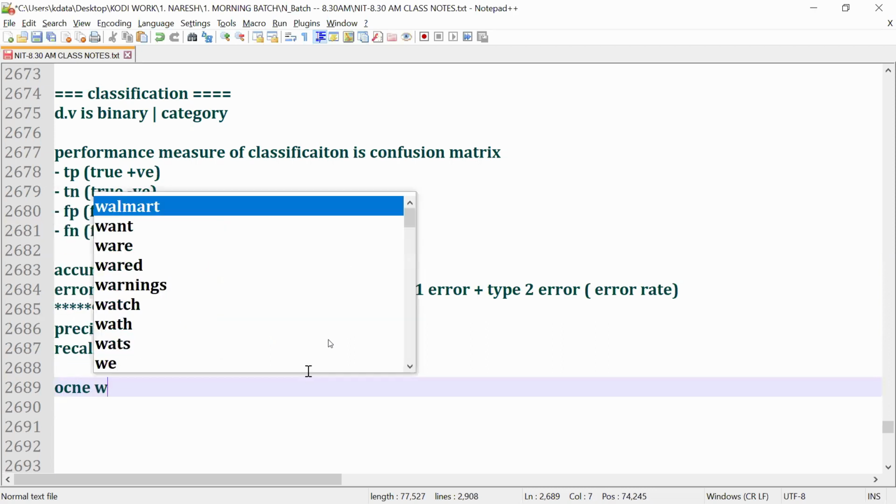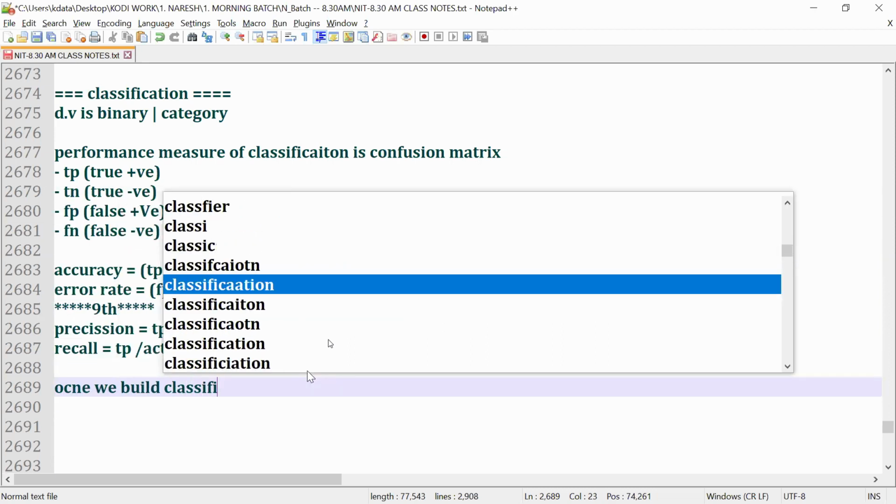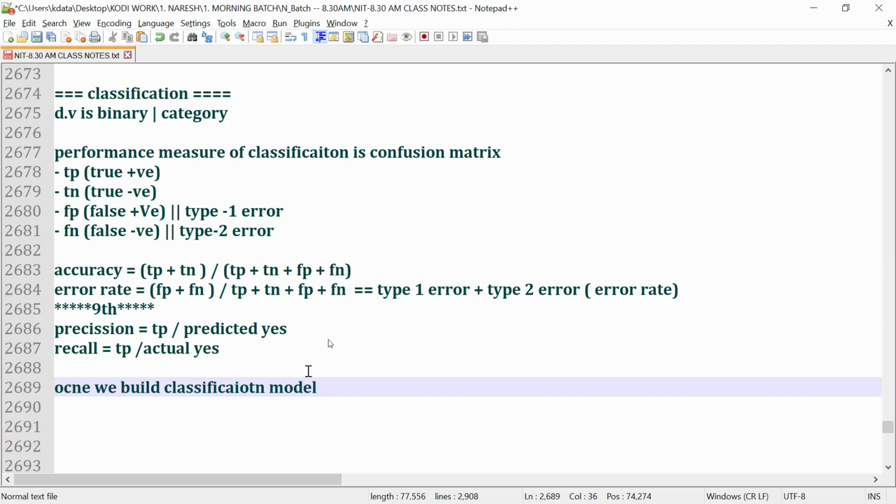Once we build the classification model, understand, guys? Part we understand what is R squared, what is adjusted R squared, all those things, right, guys?